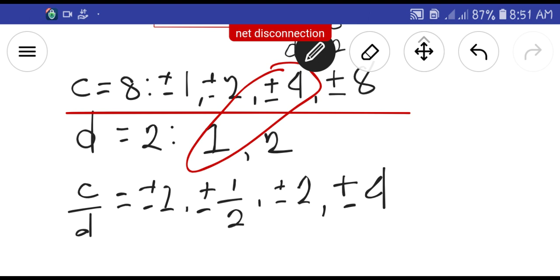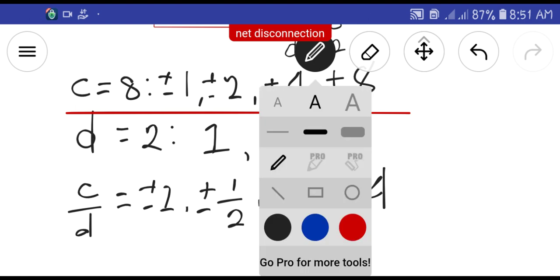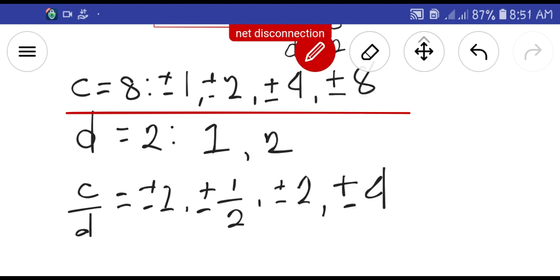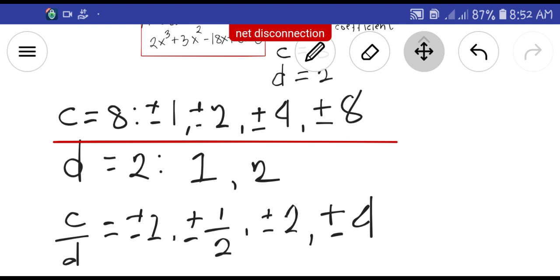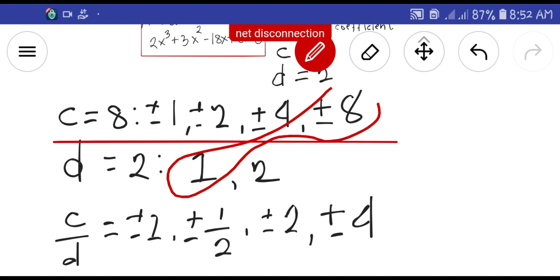I guess we are almost done with the quotients. The next one is the quotient of 8 to 1, and then 8 to 2.